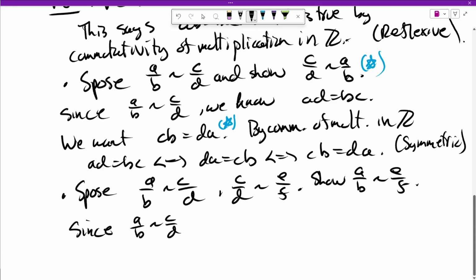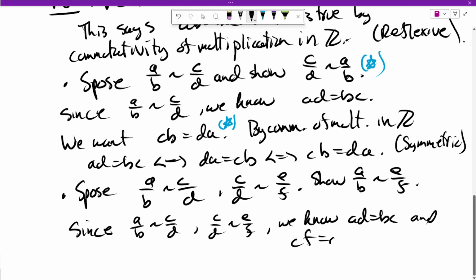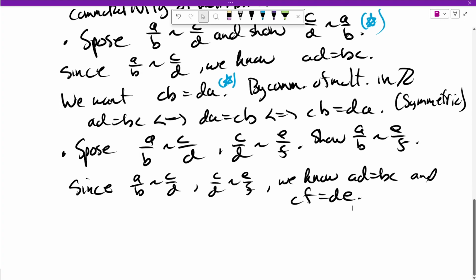We know that A over B is the same as C over D, and we know that C over D is the same as E over F. This is telling us then that the cross multiplications are equal, so AD is BC and CF is DE. Great. And let me also just point out, none of our denominators are 0. That's going to end up being important.